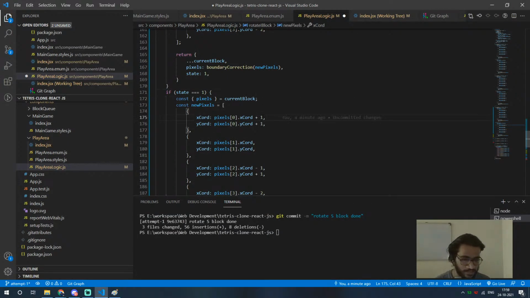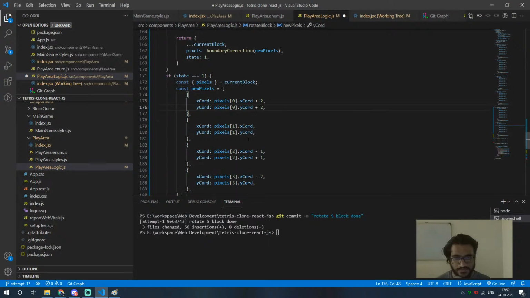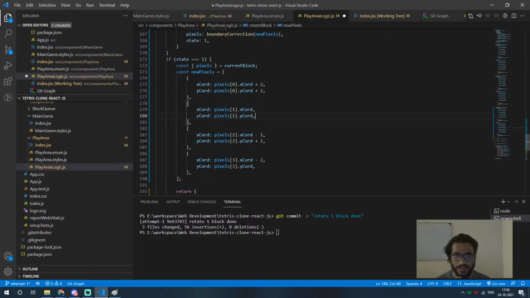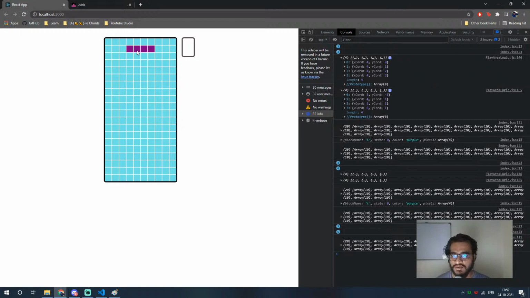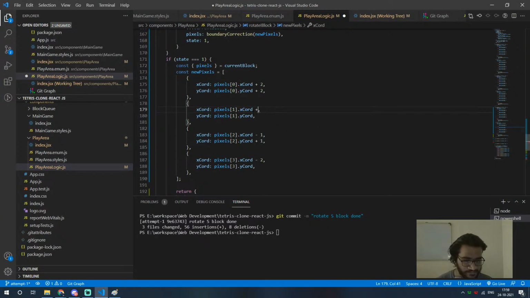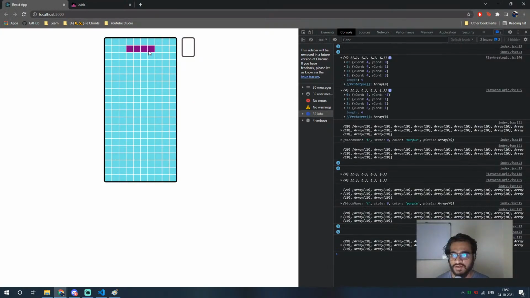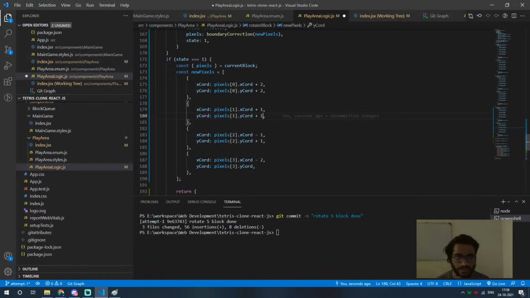And the second pixel, which was the anchor point and was not changing at all, would now change plus 1x and plus 1y, and this pixel would go minus 1x and minus 1y.